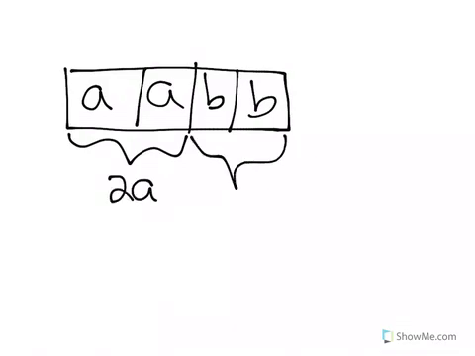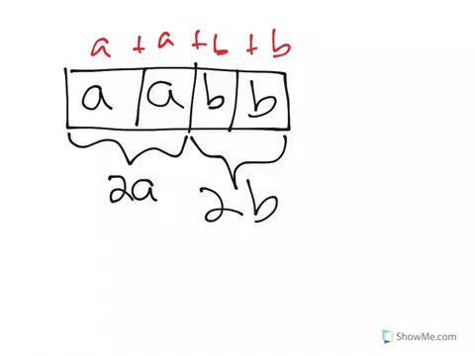B and B would then be 2B. So you could look at it as A plus B plus B, or you could look at it as 2 times A plus 2 times B. Two different ways of looking at it. They're equivalent. You're going to get the same answer.